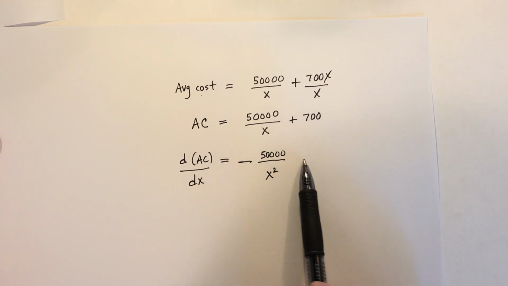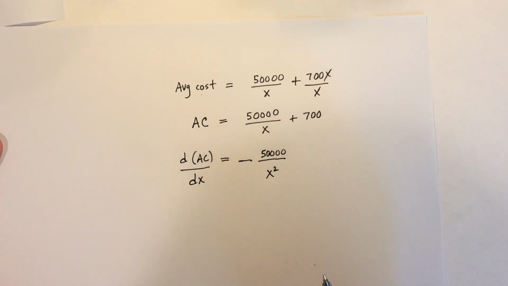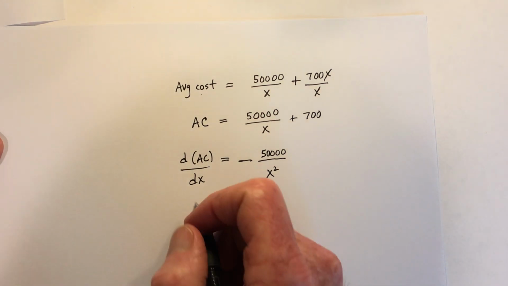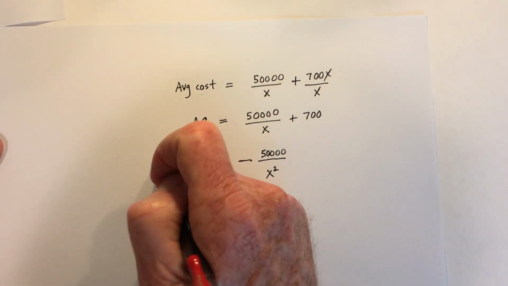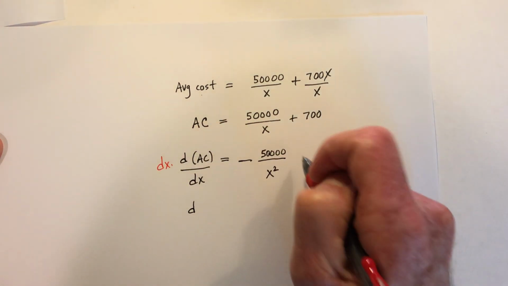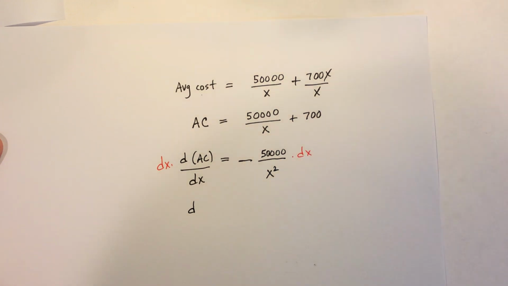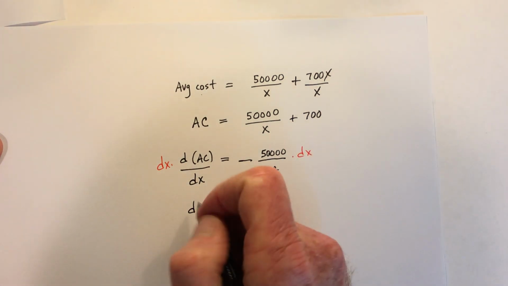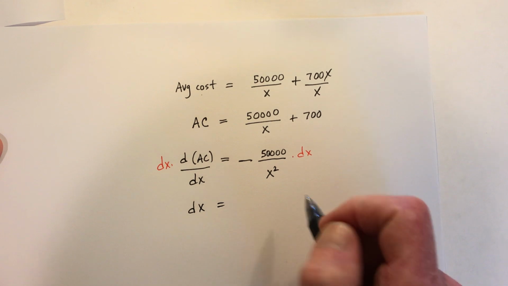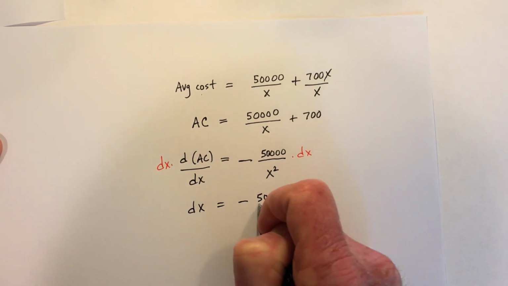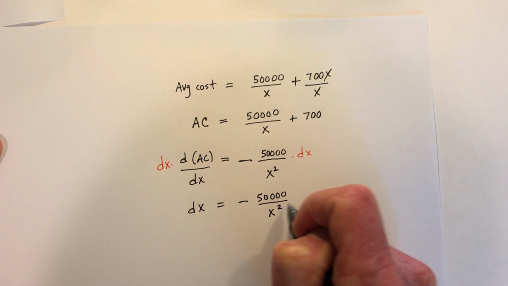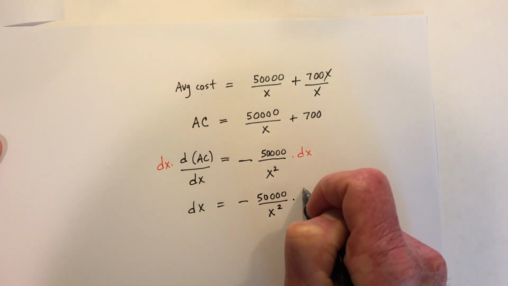And they were talking about the number 50, so then we need to plug in the 50. So maybe I should do this first, multiply by dx on each side. So negative 50,000 divided by x squared gets multiplied with dx.